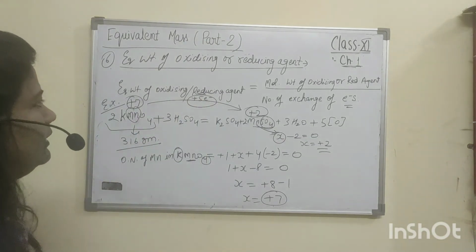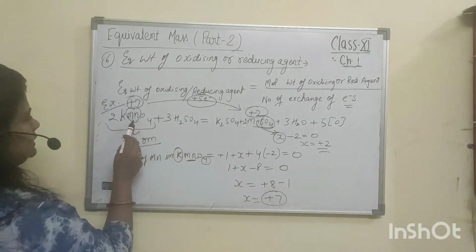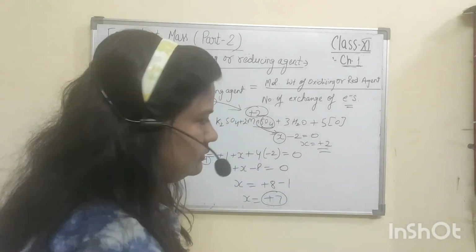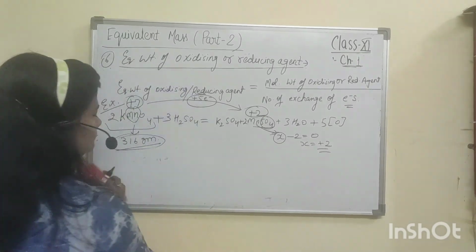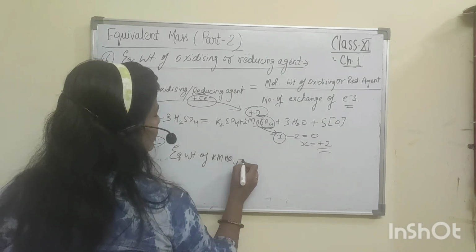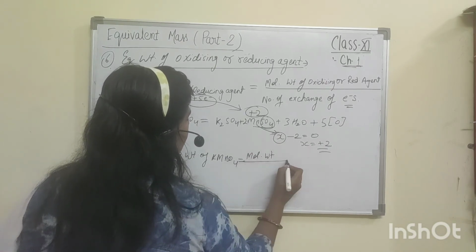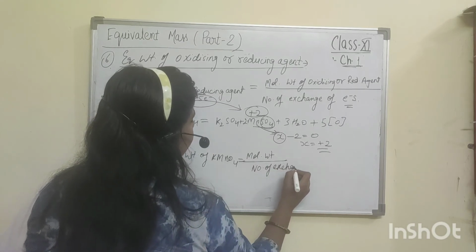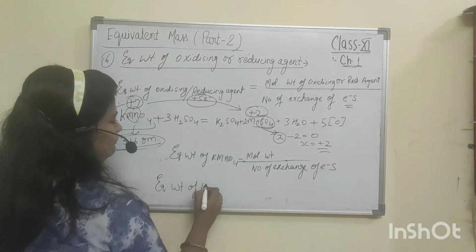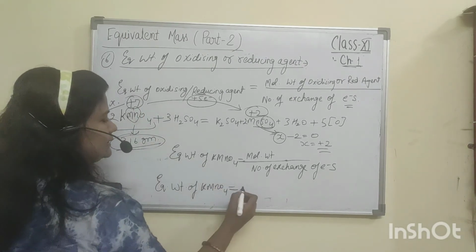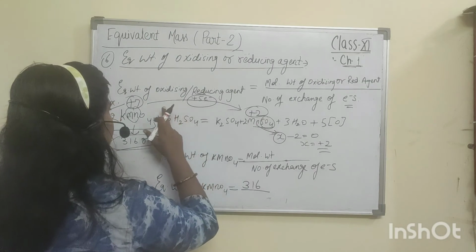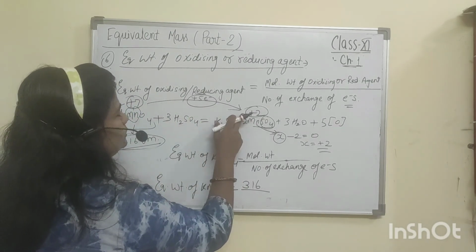The number of electrons exchanged is 5, and the molecular weight of the oxidizing agent KMnO4 is 316. Therefore, the equivalent weight of KMnO4 will be equal to the molecular weight divided by the number of electrons exchanged. So 316 divided by 5 electrons, since it changes the oxidation state from plus 7 to plus 2 by accepting 5 electrons.